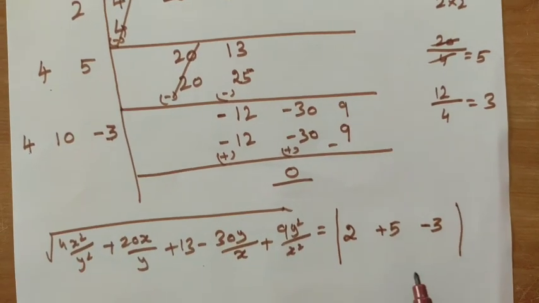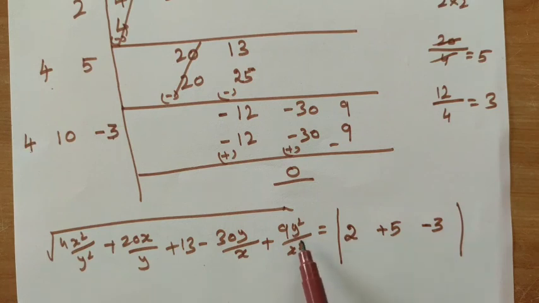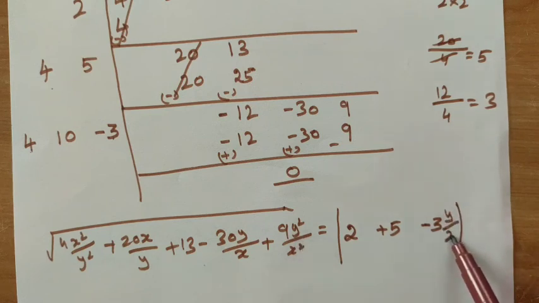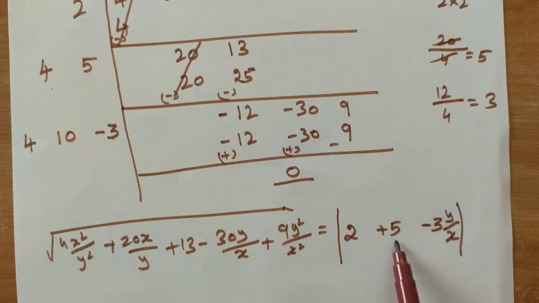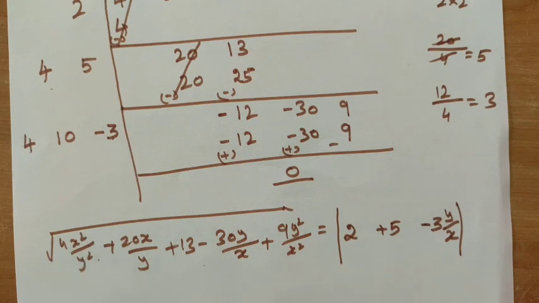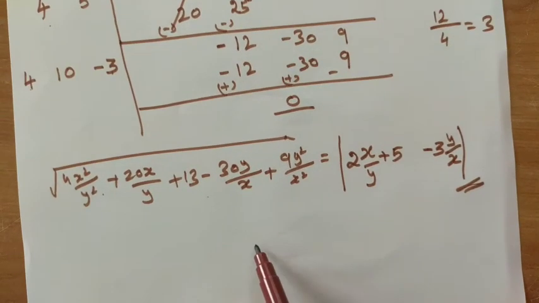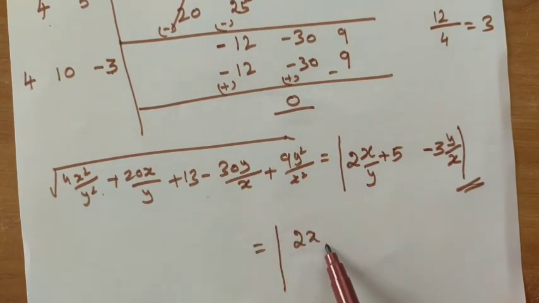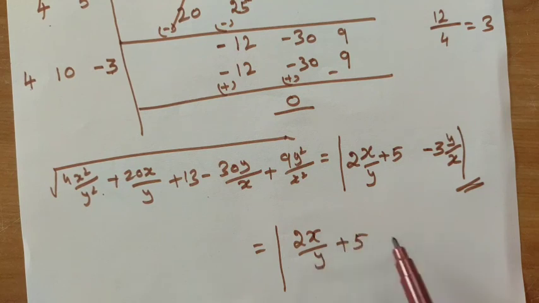Listen carefully to how we are applying the variables. The last term is y² divided by x². When we take the square root of it, we get y divided by x. The middle term is a constant term, just leave it. The first term is x² divided by y². When we take the square root of this, we get x divided by y. This is the required answer. So the required answer is equal to modulus of 2x divided by y plus 5 minus 3y divided by x.